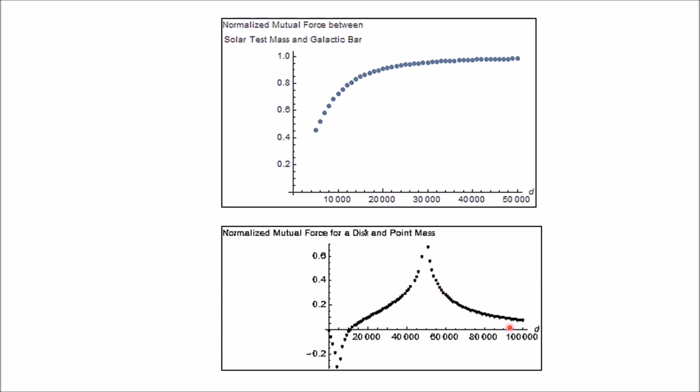And as you move out further, of course, it begins to become closer to the point mass value. In order to be able to get the negative values in here, again, I took the exact value and subtracted it from 1 to find out what the deviation was of the ratio from 1.